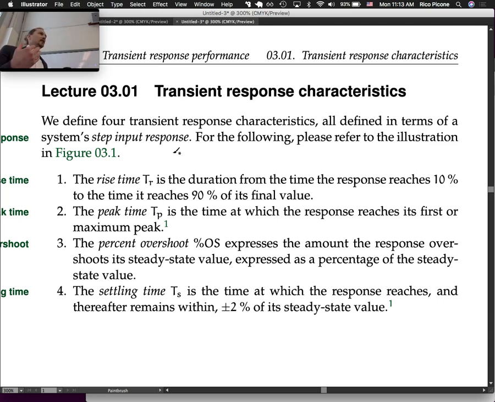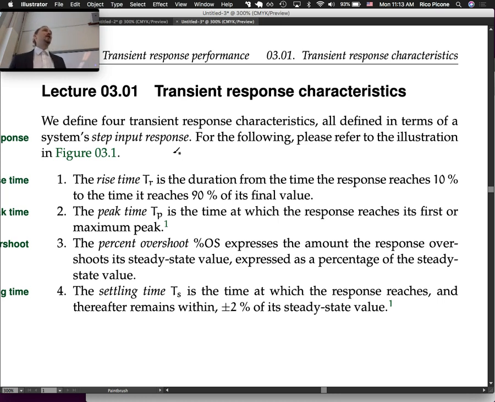Step responses are the way we typically characterize the transient response. Think about what a step response is: you take the input to the system and, in an instant, change it from one value to another, from 0 to 1 for a unit step. The step response is how the system responds to that sudden step change in its input.